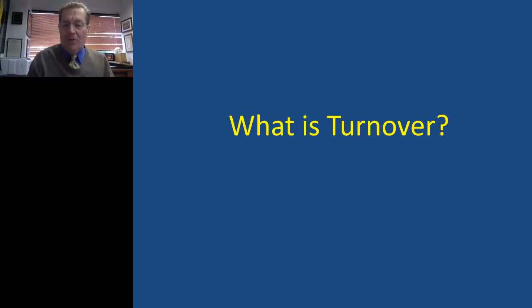But let's start over with going back to some basic biology, and that is, what is turnover? You and I, men and women alike, we replace our entire skeleton about every 10 years by a process called bone turnover or bone remodeling. They're fairly synonymous terms. Throughout your entire skeleton, you have about 5 million of these.